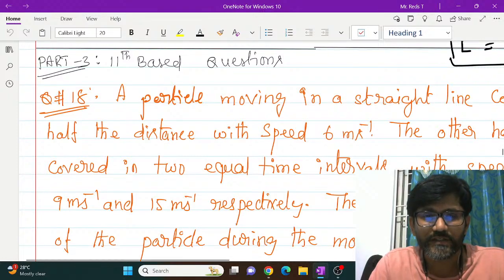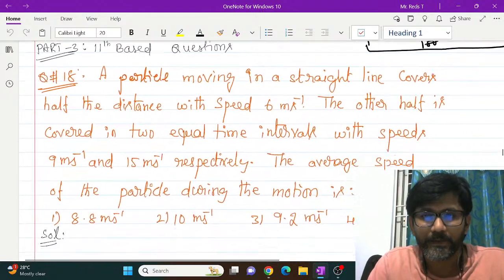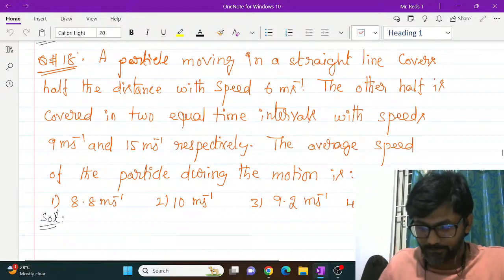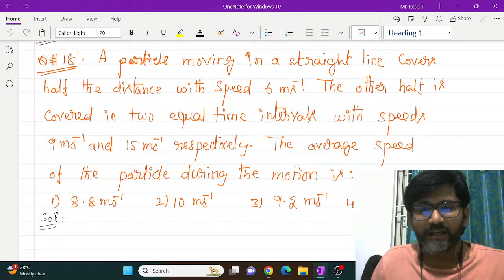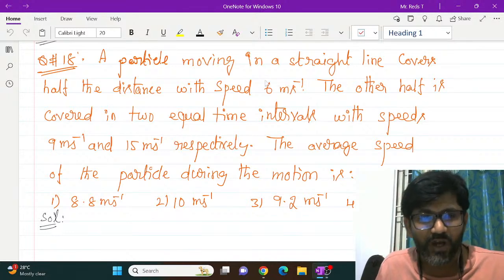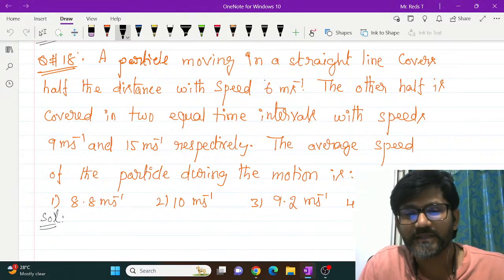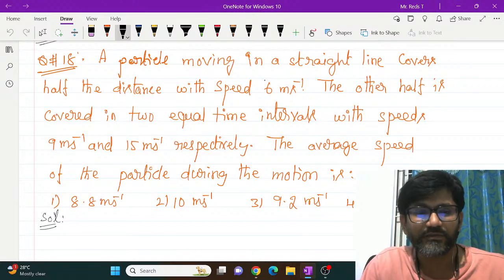The first question is: a particle moving in a straight line covers half the distance with the speed 6 meters per second. The other half is covered in 2 equal time intervals with the speeds 9 meters per second and 15 meters per second respectively.